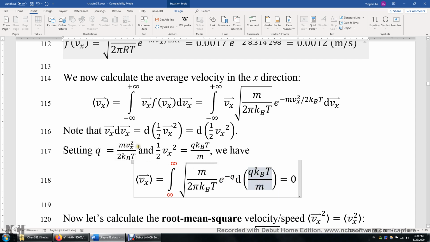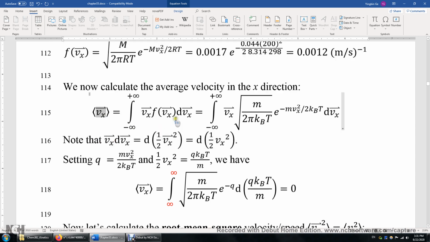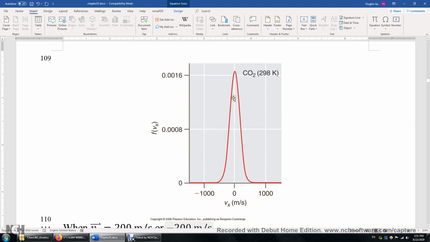All right? So actually, if you realize that, again, the gas particles are moving in the positive direction and negative direction. So on average, half towards the right direction, half towards the left direction.